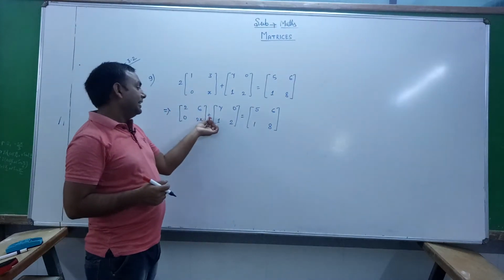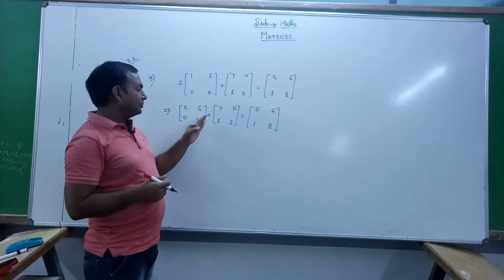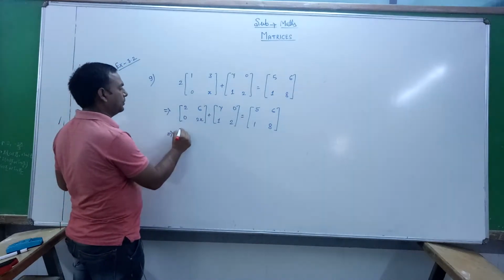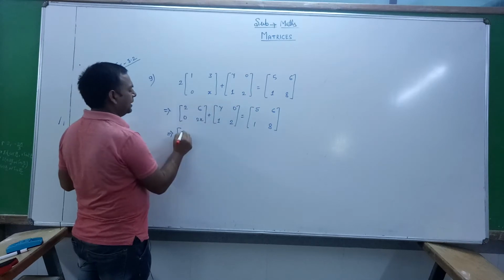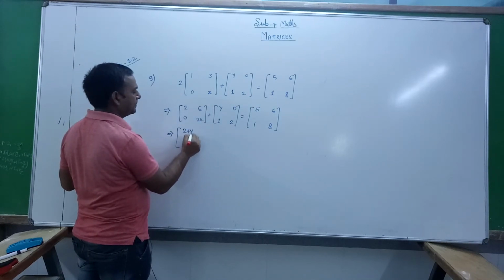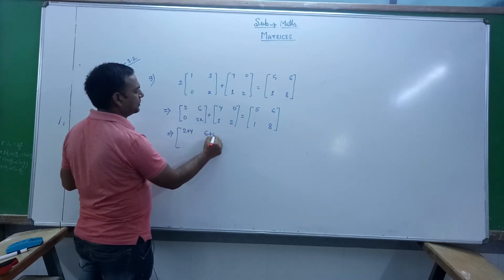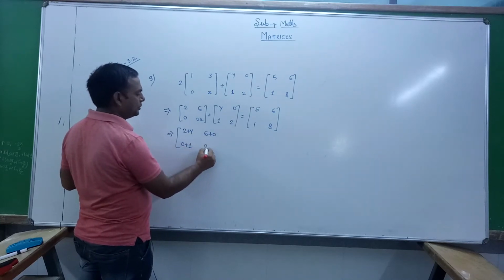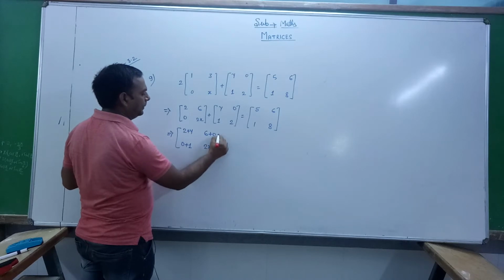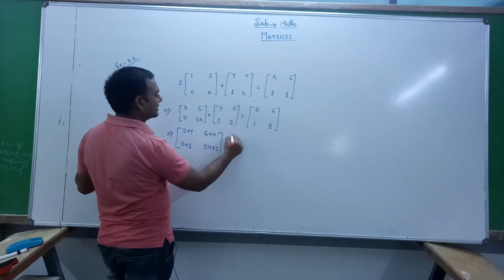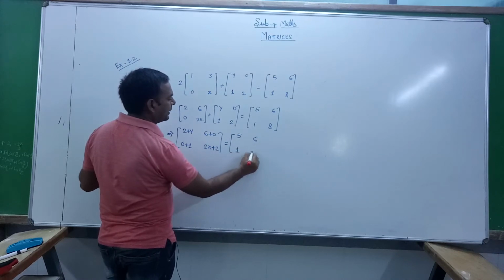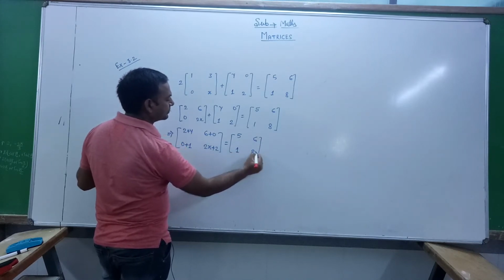After that we add. So this is equal to 2 plus y and 6 plus 0, then 0 plus 1 and then 2x plus 2 that is equal to matrix 5, 6, 1, 8.